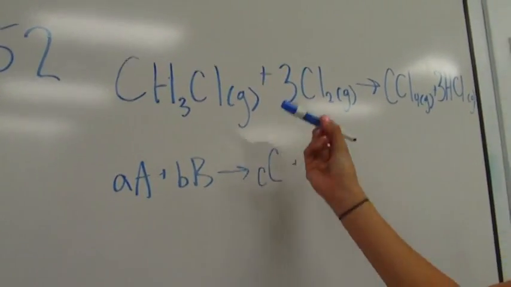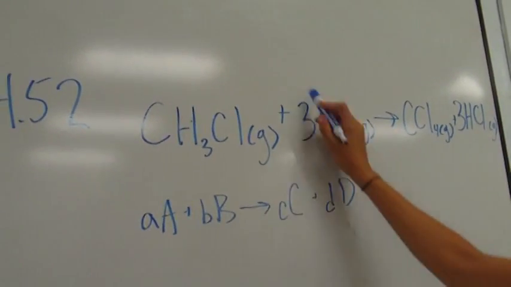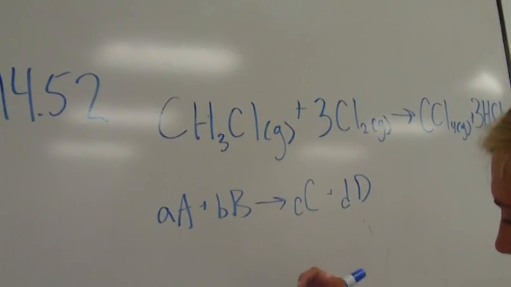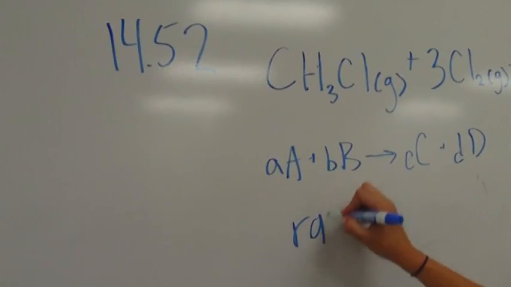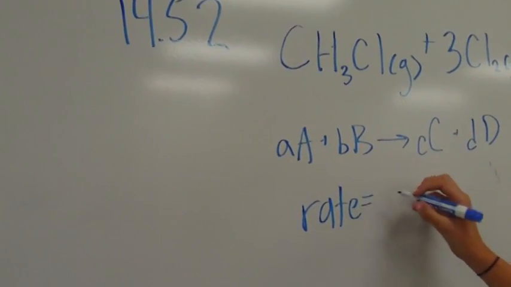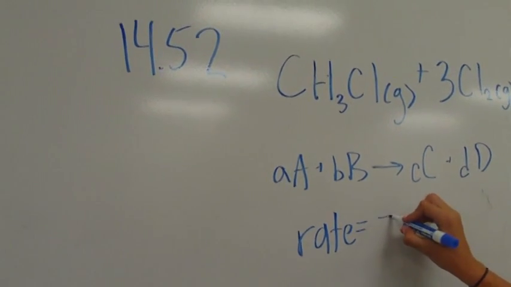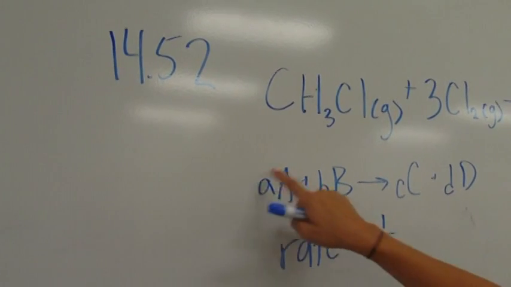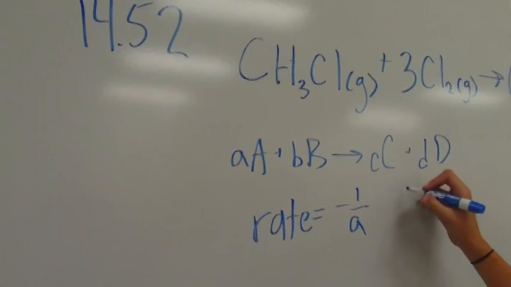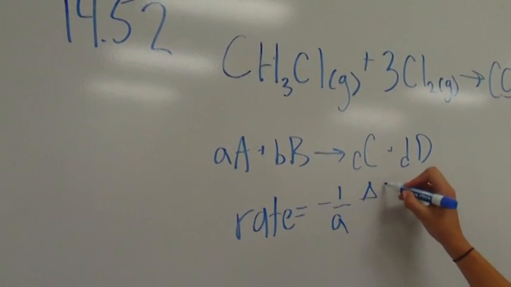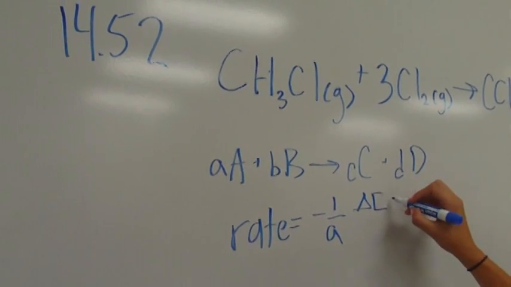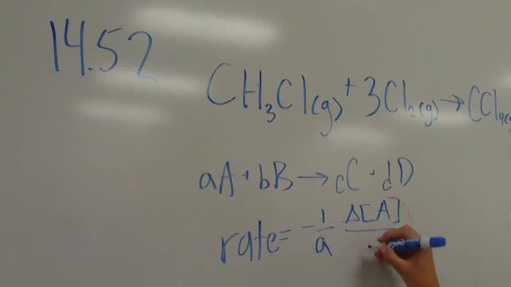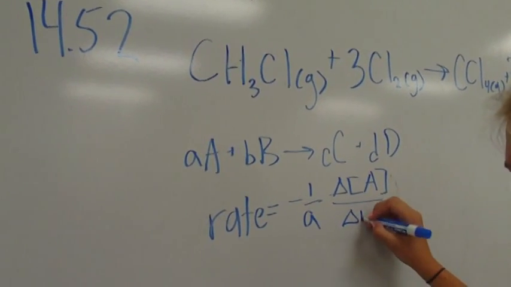So for instance, in this case, our little b is going to be 3 and our big B is going to be that. And it's saying that in that case, the rate is equal to negative 1 over the coefficient, so in that case a, times the change in concentration of the substance over change in time.